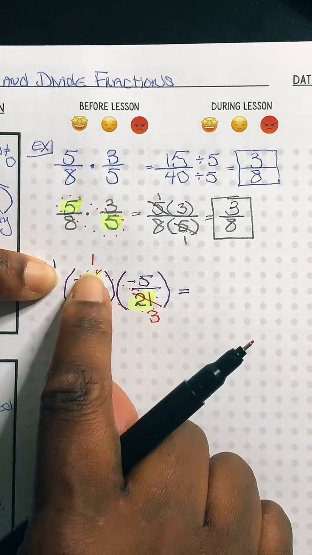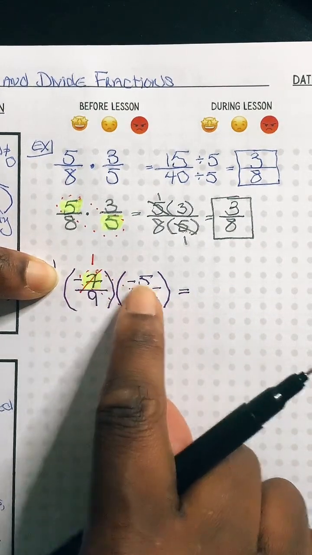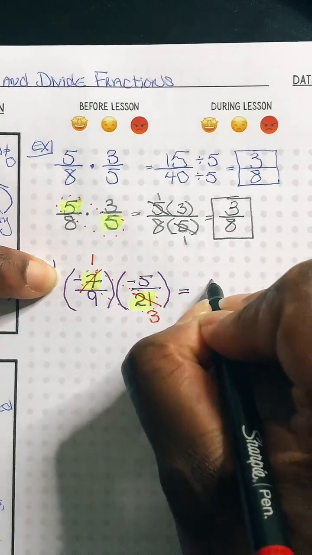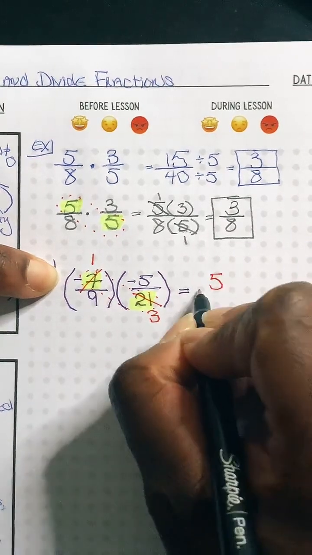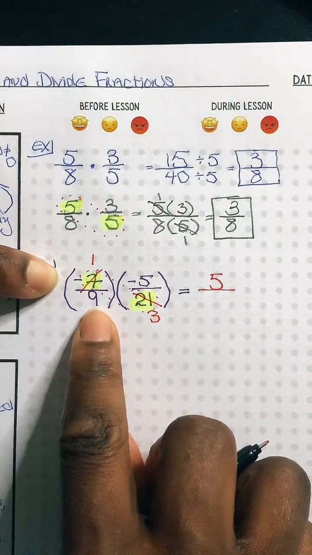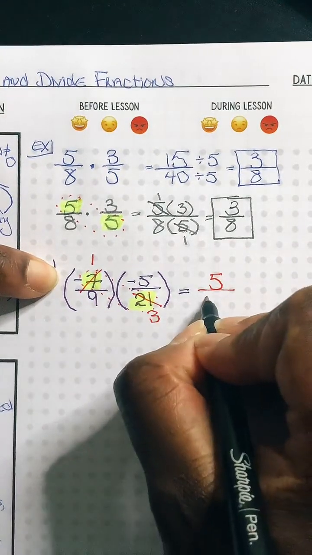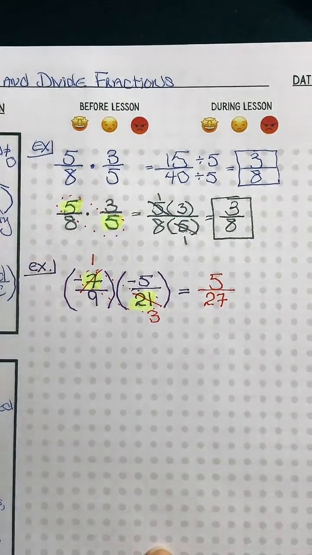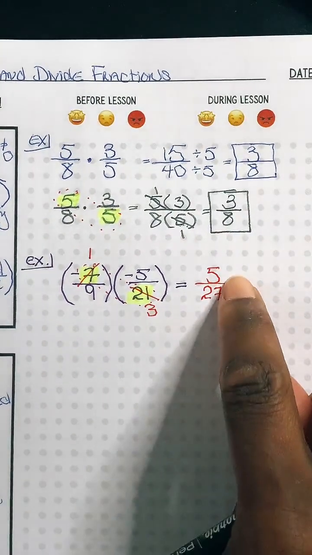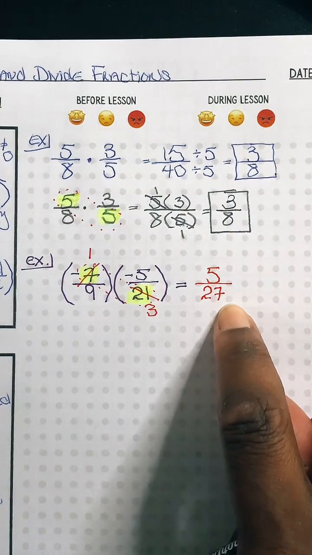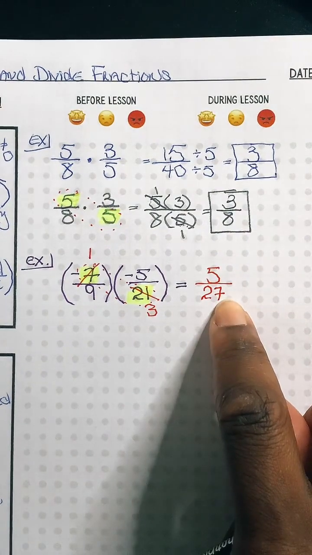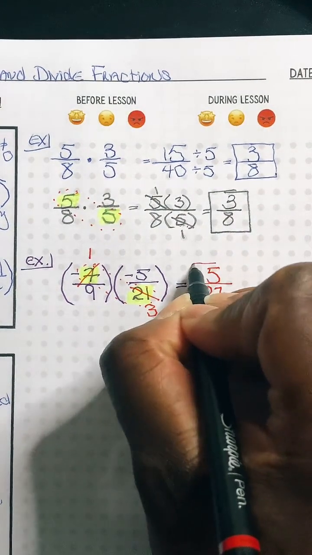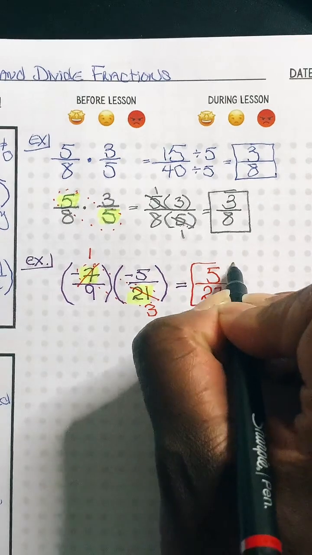So now let's just multiply. So 1 times 5 gives me 5. 9 times 3 gives me 27. So now I'm looking, 5 and 27, the only thing they have in common is 1. So that means this is my final answer.